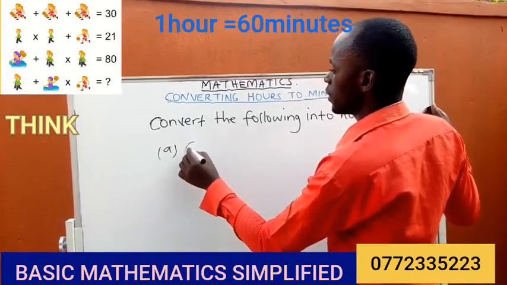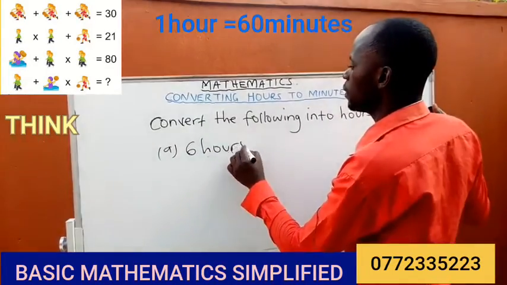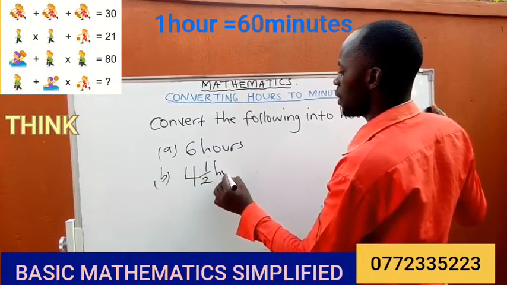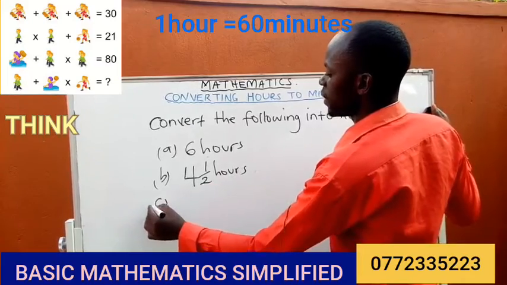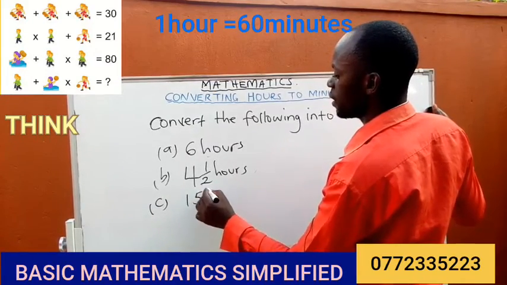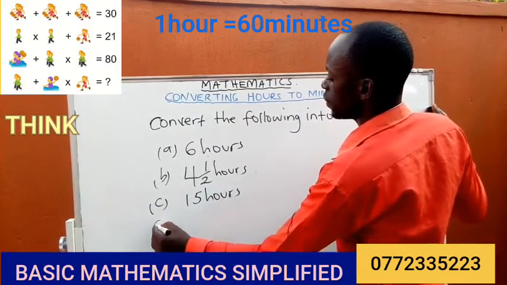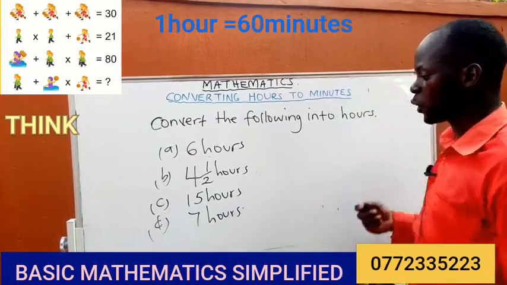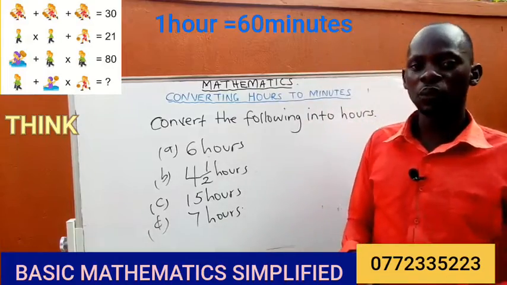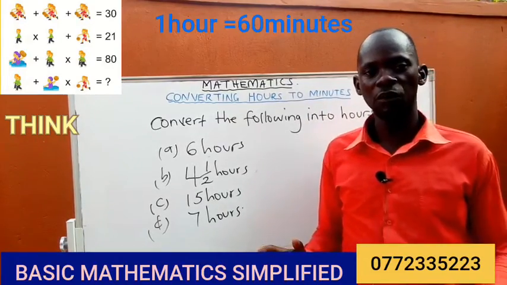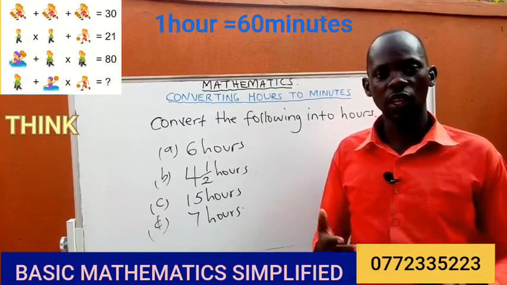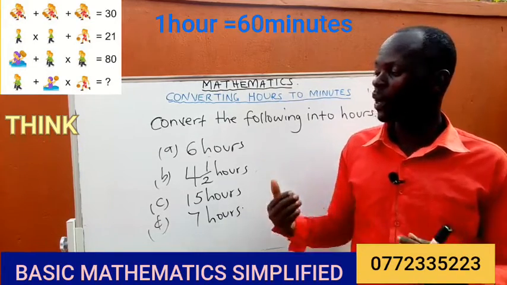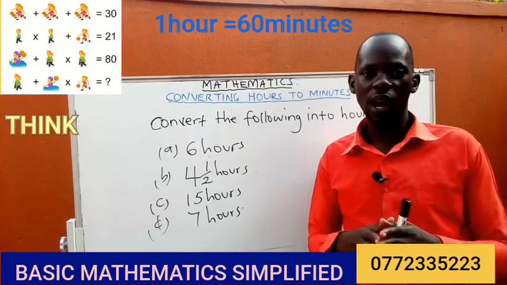A, 6 hours. B, 4.5 hours. C, 15 hours. D, 7 hours. That is how simple it is, and you will be able to answer this work. You can keep doing this time and again. Next lesson, we are going to look at how to convert from minutes back to hours.